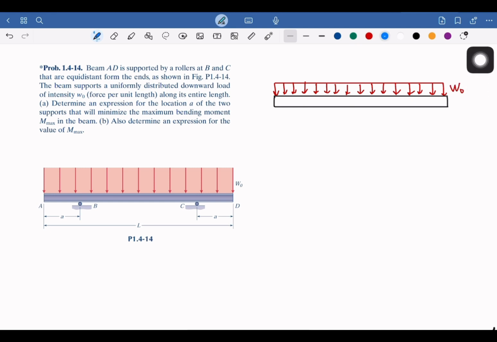And we only have By for the reaction at B and Cy, right? Because it's a roller. So those are the only reactions that we have. And both ends have the same distance A.